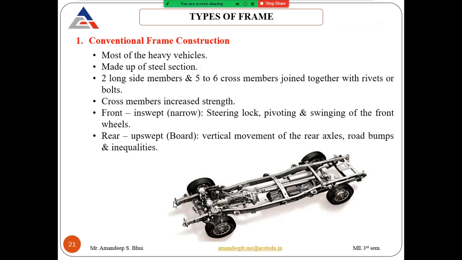Here you can see 2 parallel long sections, and in between, cross members are attached at certain distances, and these are attached with the help of rivets or bolts to make this conventional frame of the automobile.